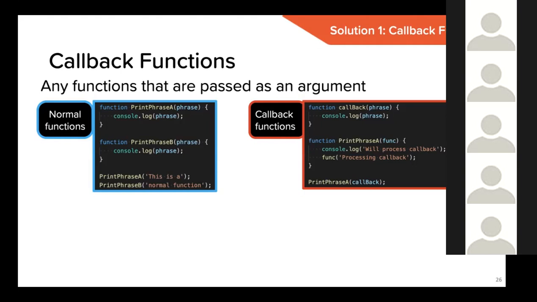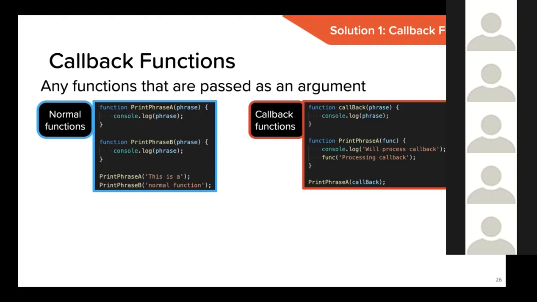What that means is, if you take a look at this red square, you can pass any function into print phrase A, and that function will execute at the time that we made it to execute, and there will be a parameter passed into it, processing callback.